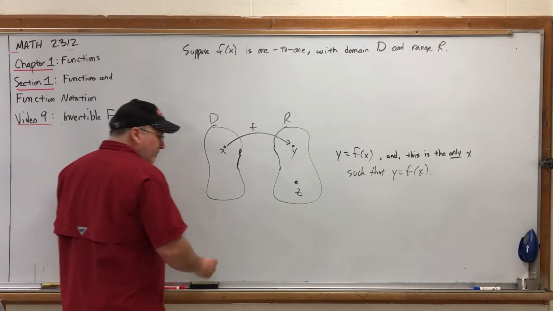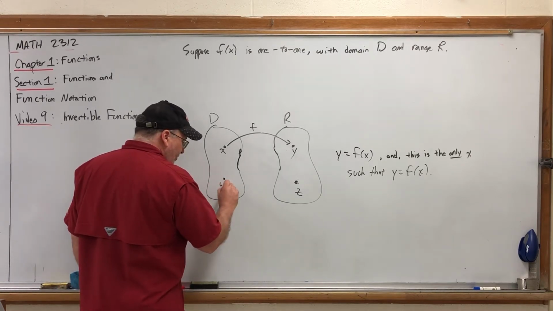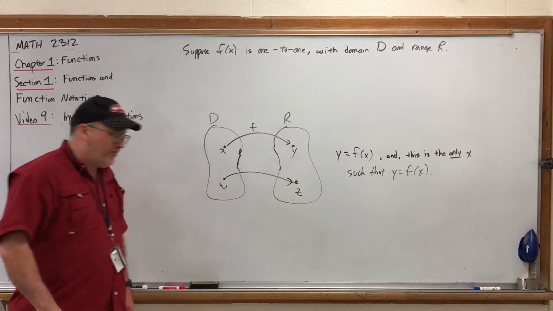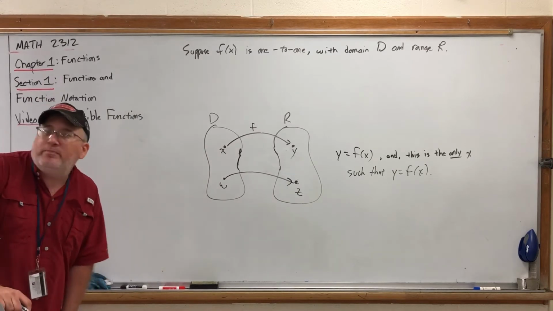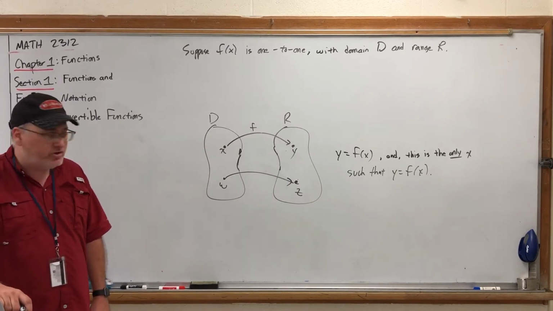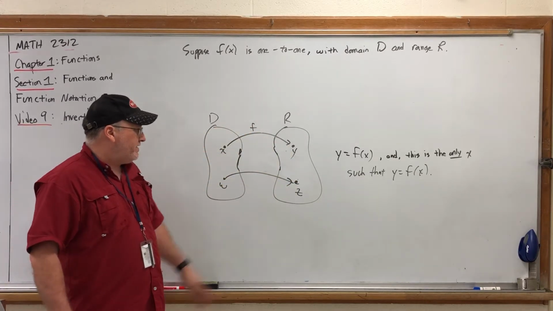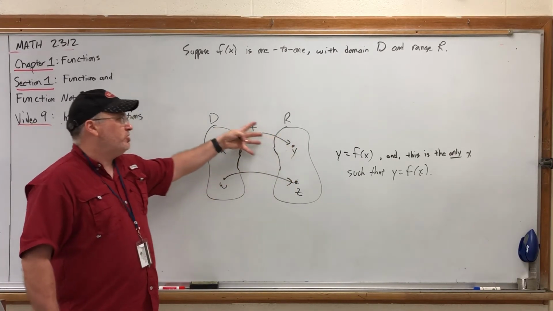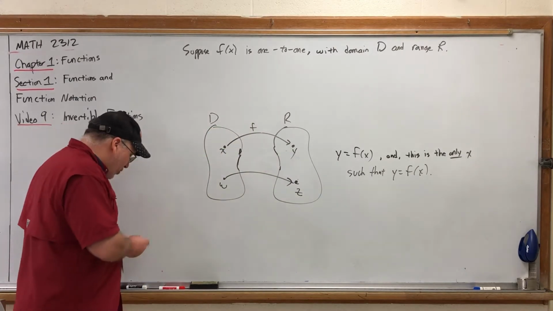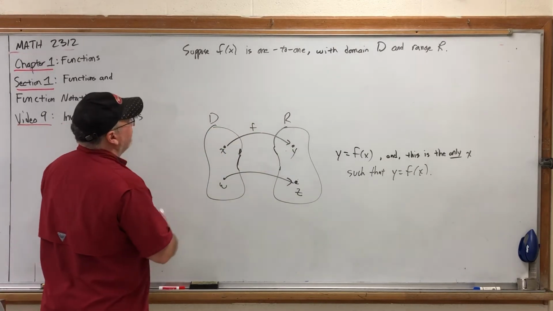Assuming that you have an input, we'll call it w, that's the only input you have because you're a 1 to 1 function. So we can almost think about this function going backwards, saying that every guy over here points to only one guy over here. And going backwards would be called the inverse function.